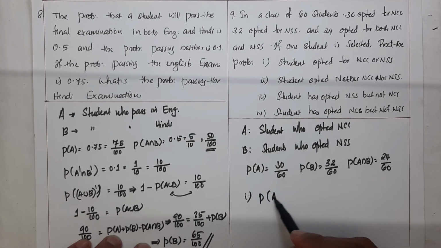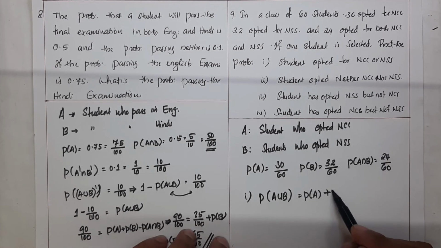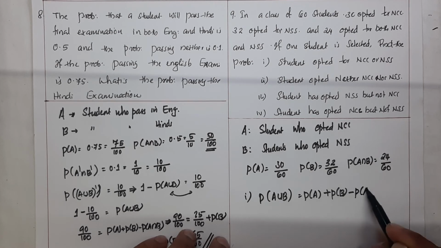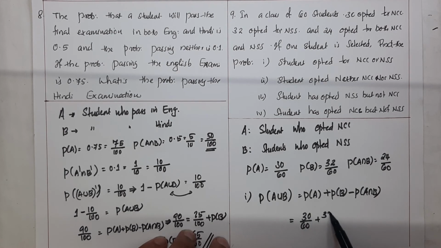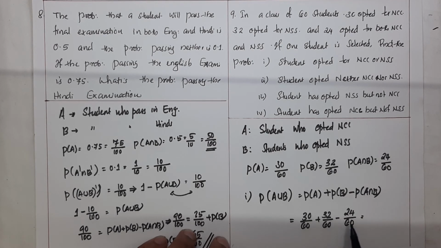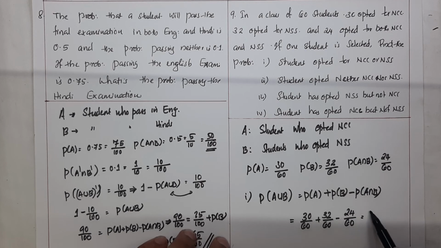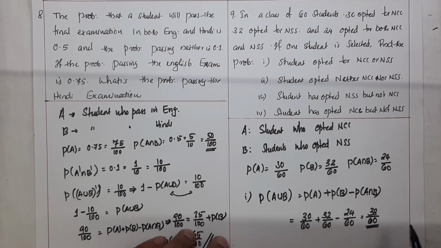That means we find P of A union B. You know the formula: P of A plus P of B minus P of A intersection B equals 30 by 60 plus 32 by 60 minus 24 by 60. 30 minus 24 is 6, plus 32, that is 38. So 38 divided by 60 is the answer.